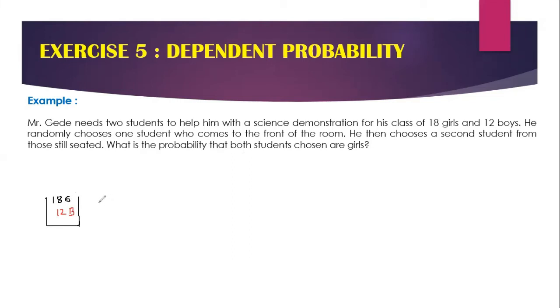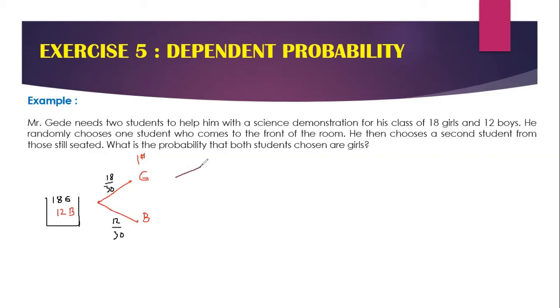So the probability for the first case: for girls it is 18/30, and for boys it is 12/30, right? Is that correct, everyone? Good.